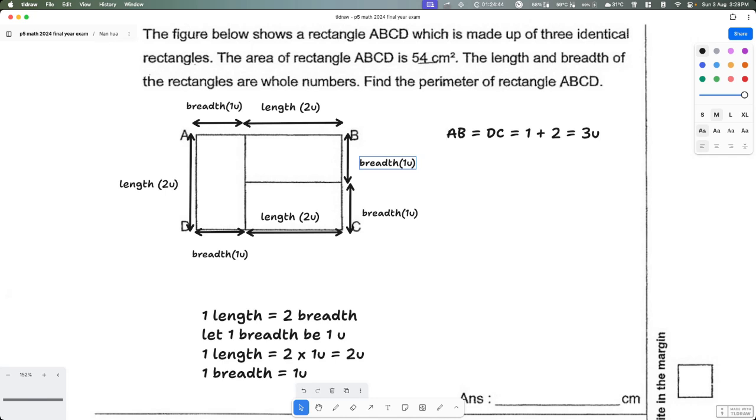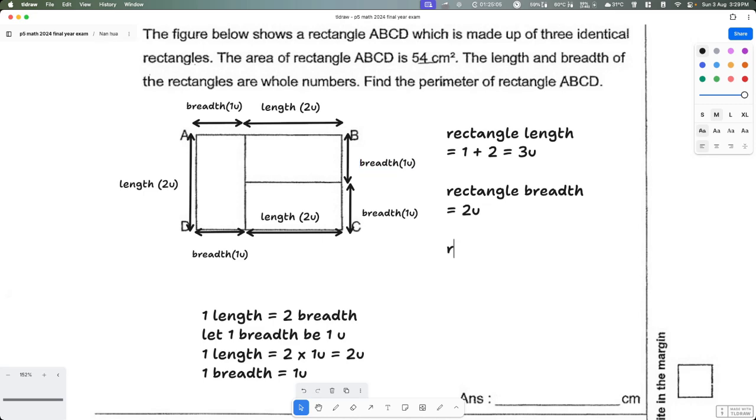So this is the rectangle length. Okay, so rectangle length and then rectangle breadth is equal to 2 units.